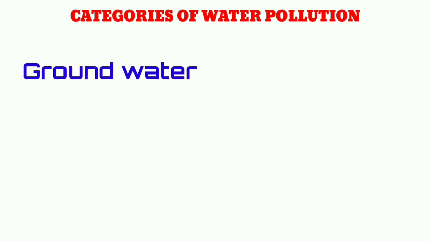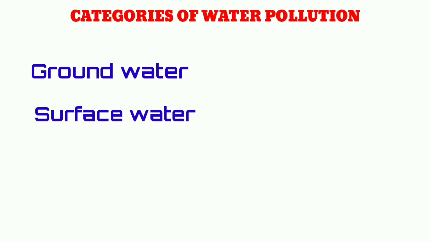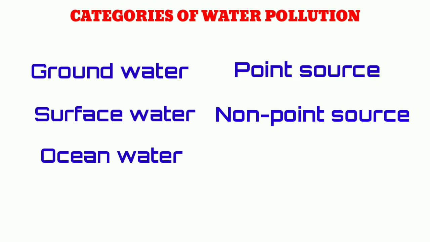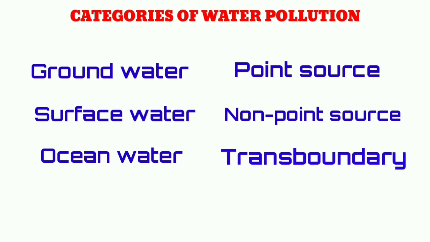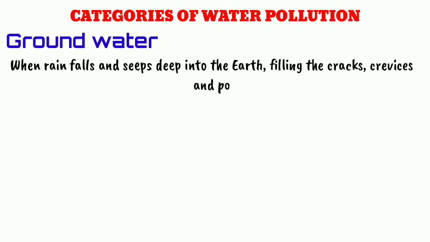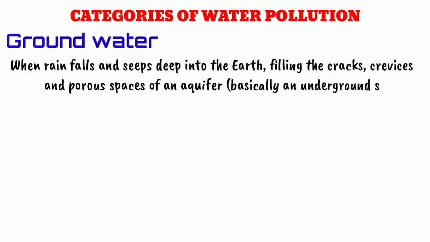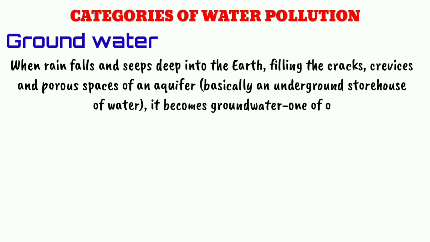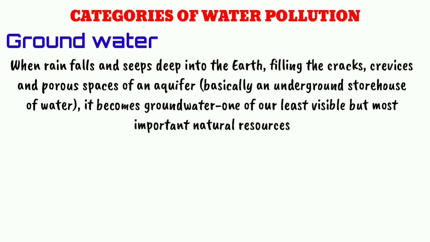Categories of water pollution: groundwater, surface water, ocean water, point source, non-point source, and transboundary. Groundwater: when rain falls and seeps deep into the earth, filling the cracks, crevices, and porous spaces of an aquifer, basically an underground storehouse of water, it becomes groundwater.